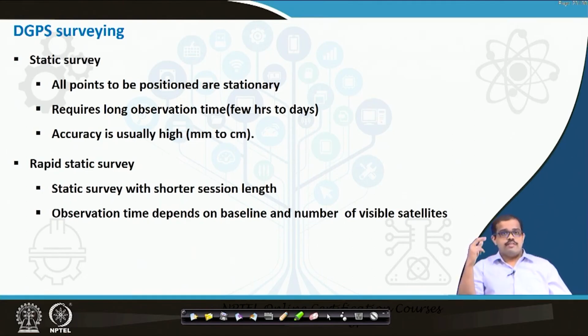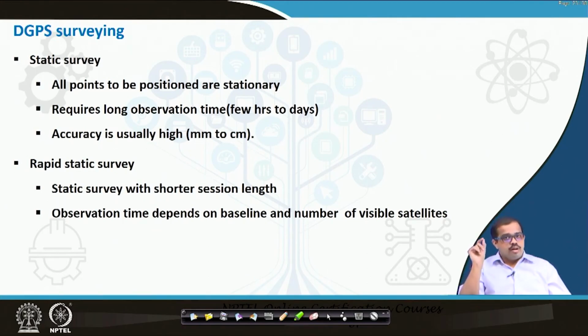But there is another survey called a rapid static survey, which is a static survey with shorter session length. This induces certain errors into your system, and because of this it is not extremely accurate in terms of the accuracy that is needed. The observation time depends on the baseline and the number of visible satellites at these stations.